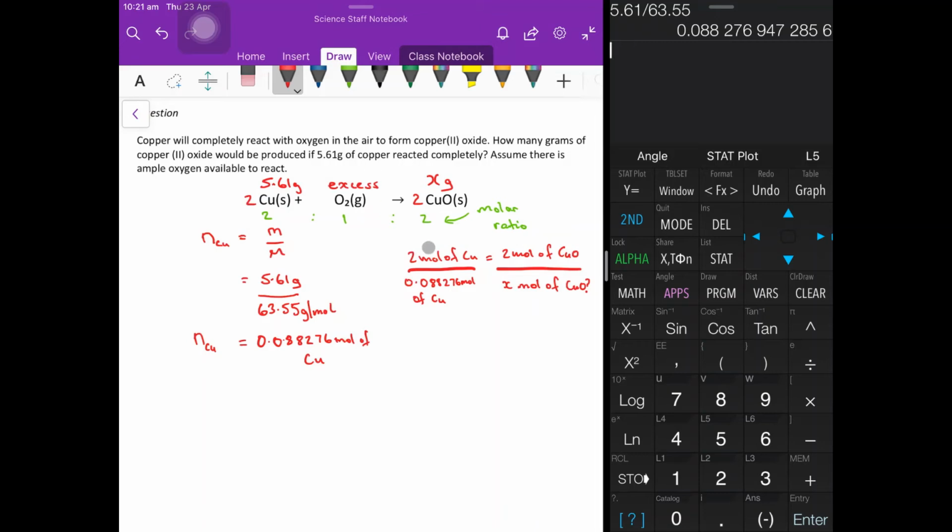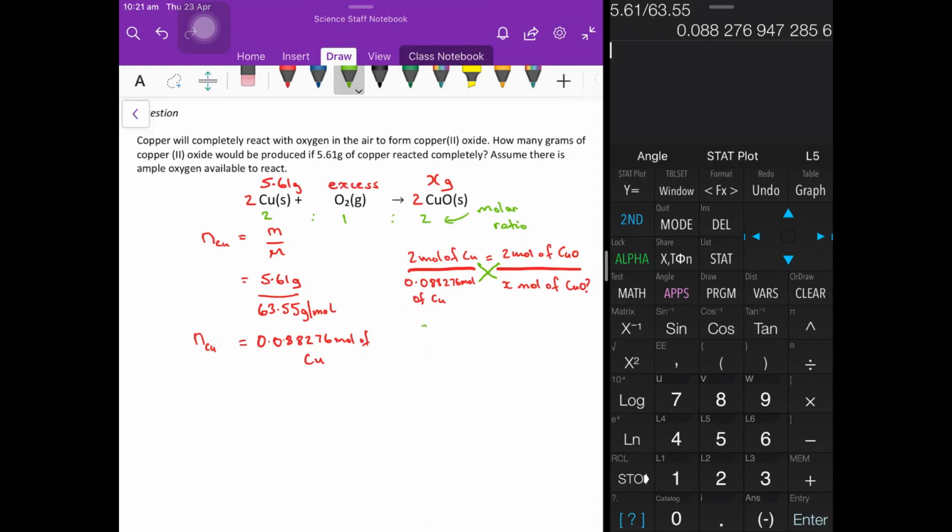Great, so now I can solve this by cross multiplying. So how am I going to cross multiply? I'm going to multiply the numerator of one side by the denominator of the other. And I could rearrange this and solve for x if I wanted to. What I'm going to do here is recognize that for every 2 mole of copper, I produce 2 mole of copper oxide. These values here are equal, therefore these values here will also be equal.